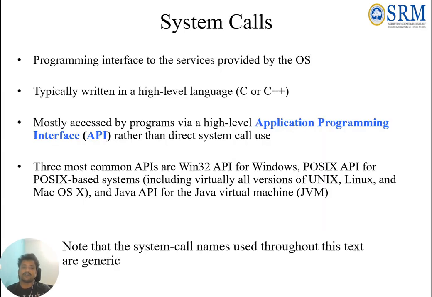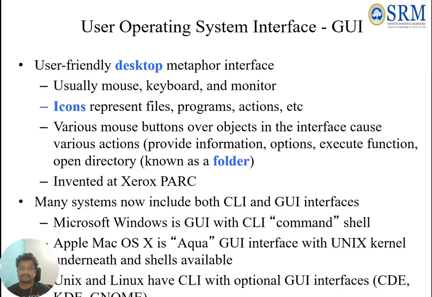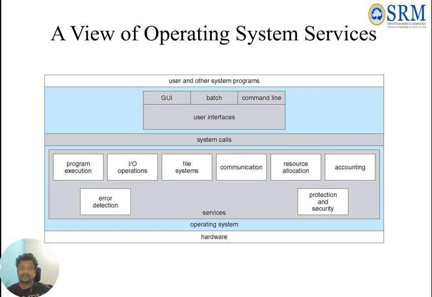Then we have the system call, because as we saw in the previous diagram, these are the services provided by the particular OS, with n number of services. The services are initiated from the GUI with the help of the system call as intermediary.